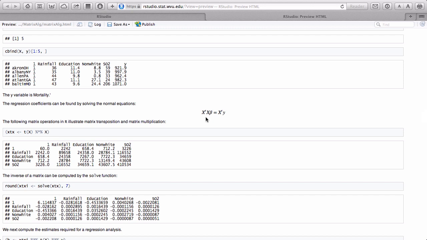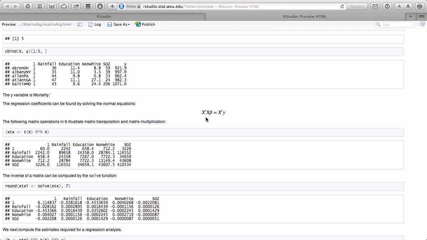Now if I multiply x transpose x inverse times x transpose x, what do I get? Well, on the left-hand side, I get the identity matrix times beta, in other words, just beta. On the right-hand side, I get x transpose x inverse times x transpose y. In other words, the solution for beta is x transpose x inverse x transpose y.